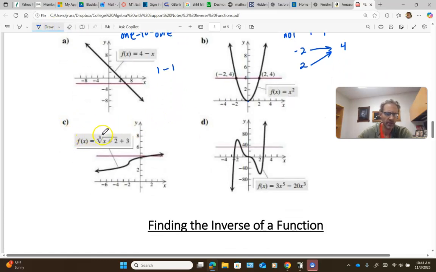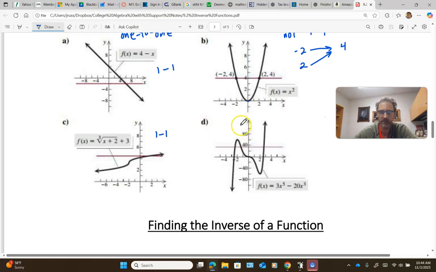This is actually a cubic function, the cube root of x plus 2 plus 3. Well, this will pass the horizontal line test. Anywhere you put a horizontal line, it'll intersect this function at only one point. So this is a one-to-one function. And so it'll have an inverse. And because the original function is a cube root function, its inverse will be a cubic function.